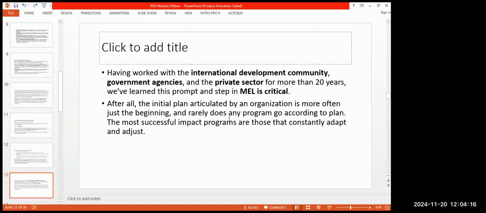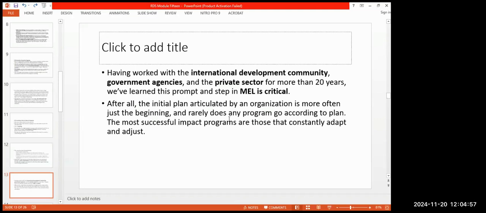Personally, I've worked with international development organizations. I've worked at the EU myself. I've also worked at government agencies, Ministry of Planning, and I've had a chance also to work with the private sector. I can very confidently say that MEL, monitoring, evaluation, and learning, is very critical.